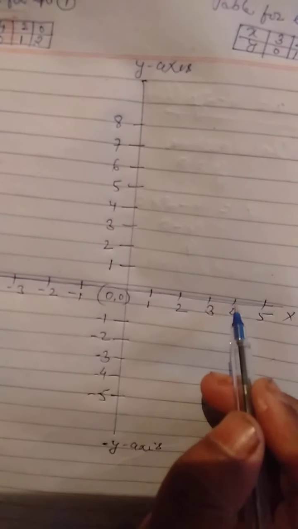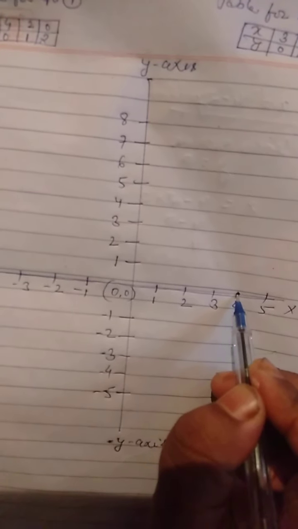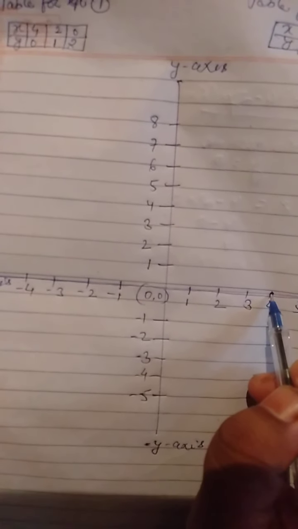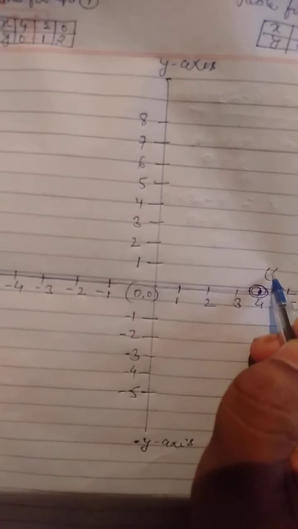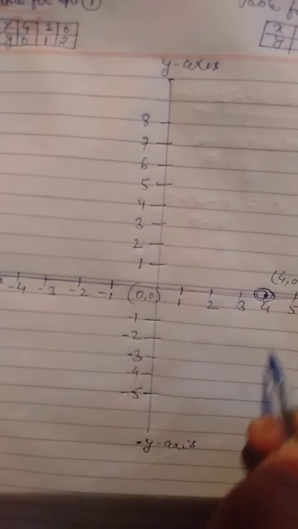Now the value of y is 0, therefore this point will represent 4, 0.